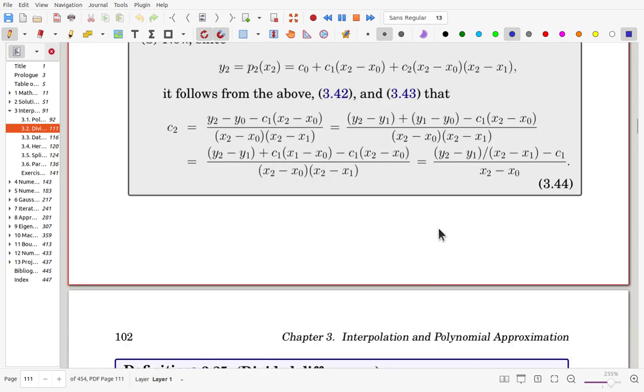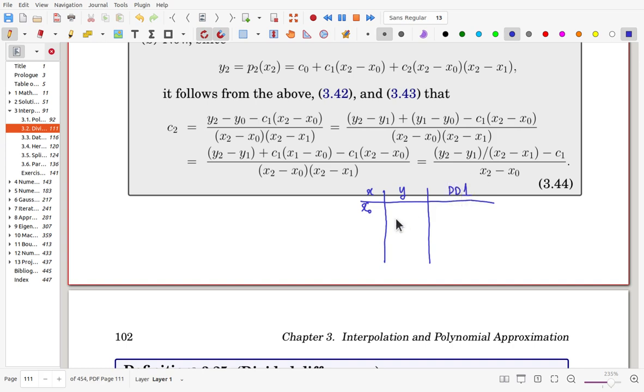Roughly speaking, the divided difference table starts in this way. Here x0, and for the x term, we start with the x column, and then the f value, the y term. Here is what's called the first order divided difference.